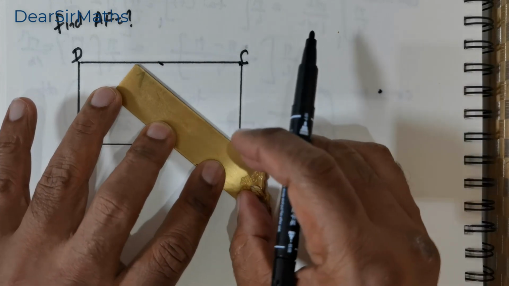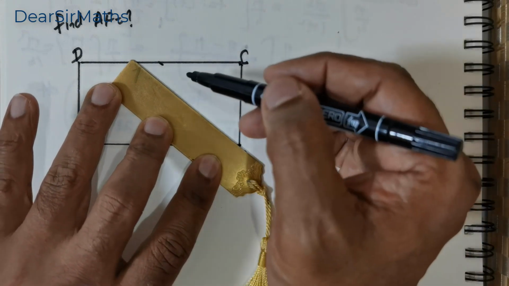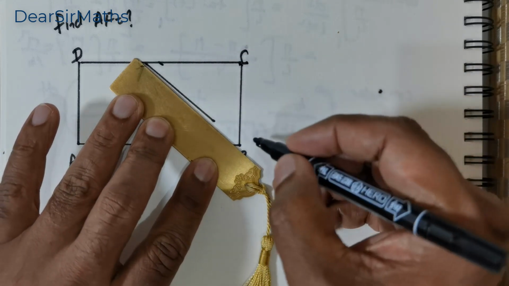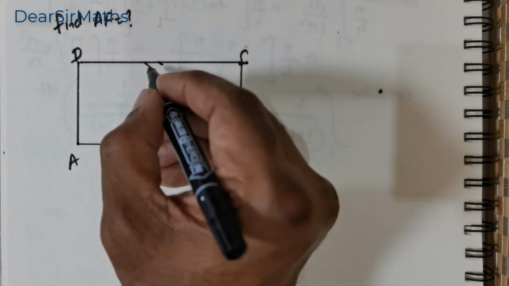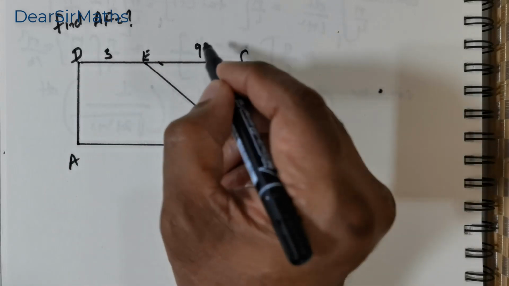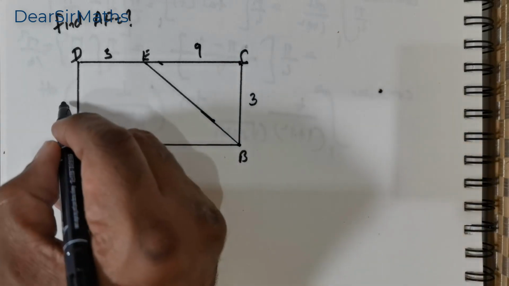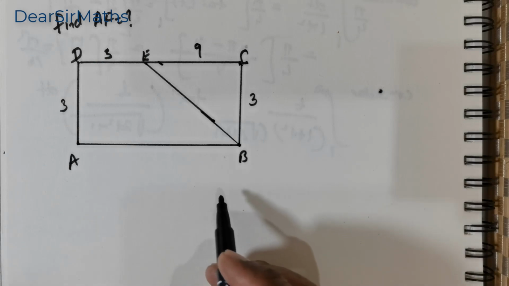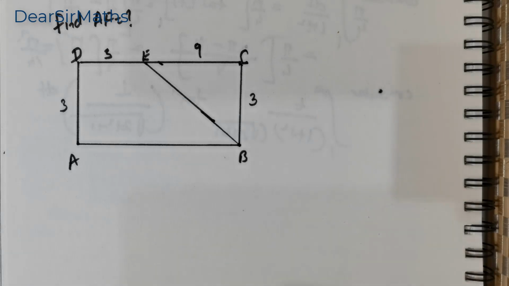I think I should stretch it a little bit further. This point is given as E. This distance is 3 units, this distance is 9 units, this distance is 3 units, this is 3 units. It's a rectangle, so the entire length AB is going to be 12 units, right?